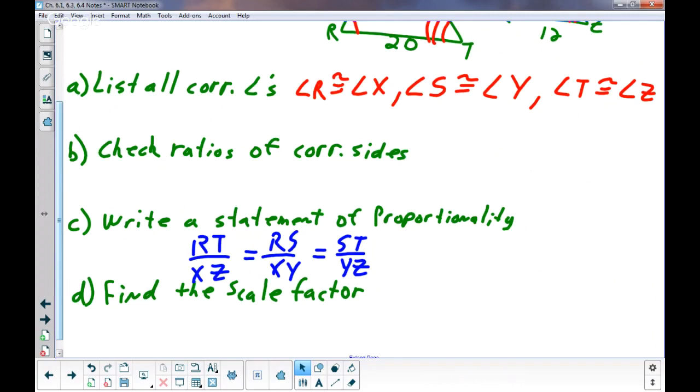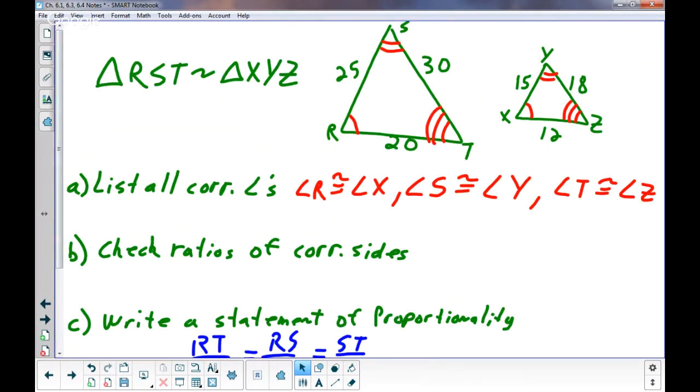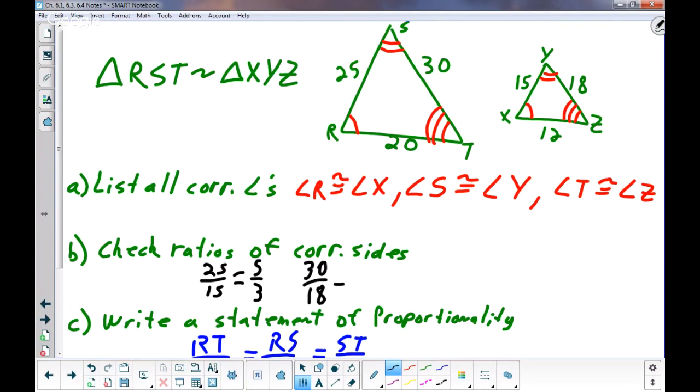So if we go back to what we're looking at, RS to XY, well, that's 25 over 15. And if you reduce that, that gives me 5 over 3. We do the same thing to ST over XZ. That's 30 over 18. Divide them all by 6, that's 5 over 3.